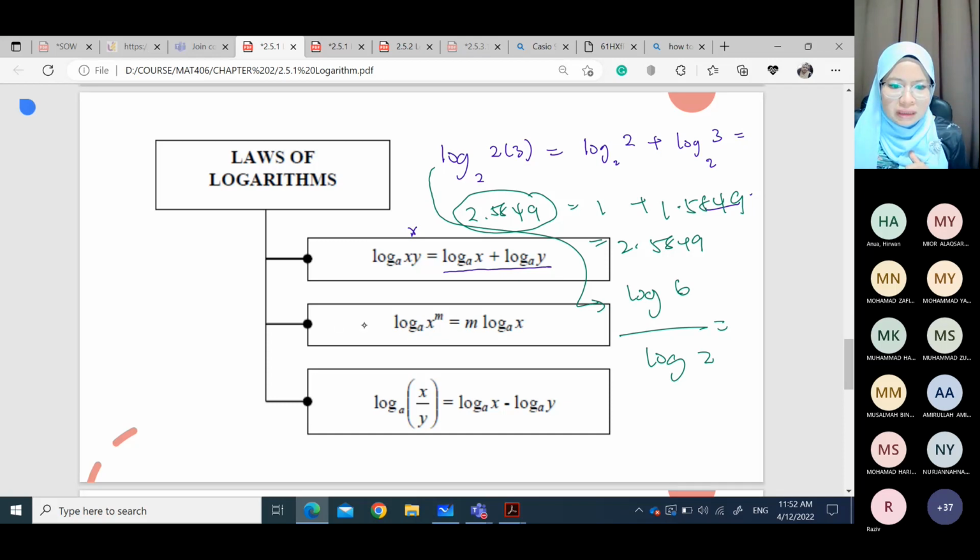And then number second law, log A x to the power of m. So bila kita letakkan log A x to the power of m, so this power we can bring in front of this log. Then here we have m times log A x. So power ni you boleh turunkan dia. And then kita boleh selesaikan untuk power tersebut. Okay, so this one is the second law.